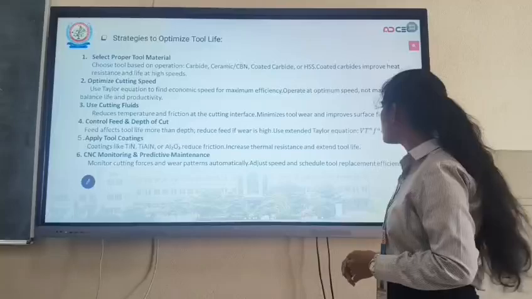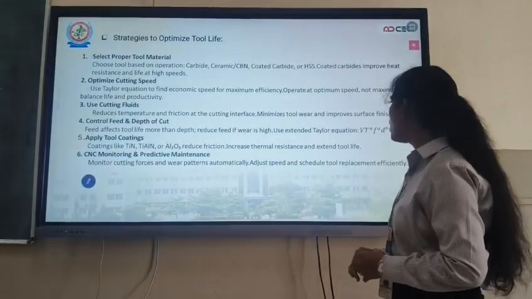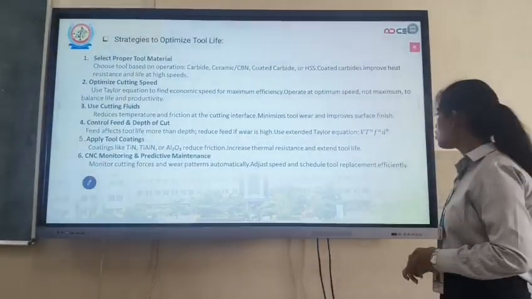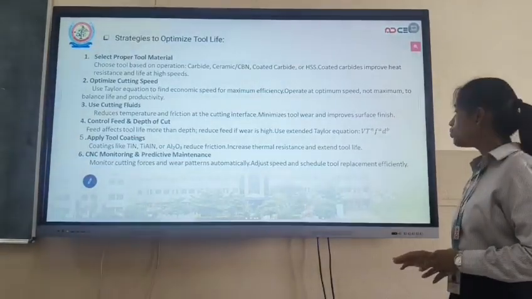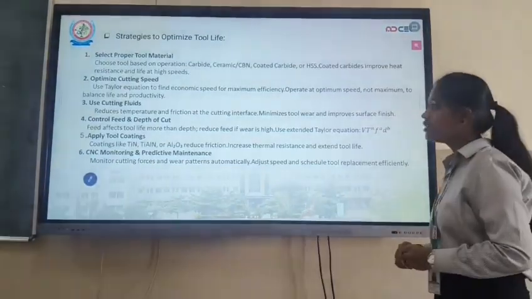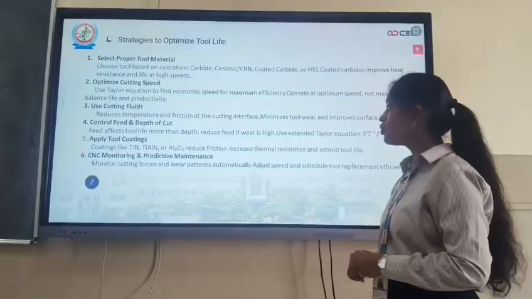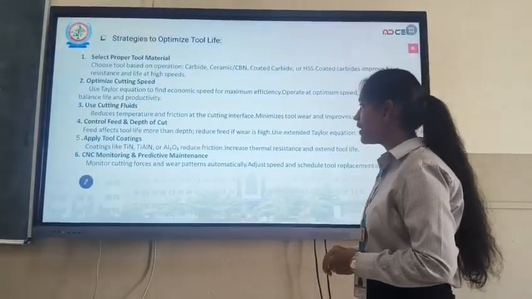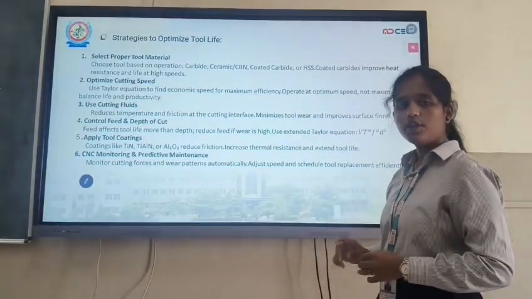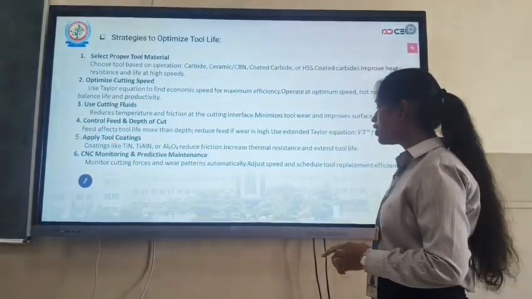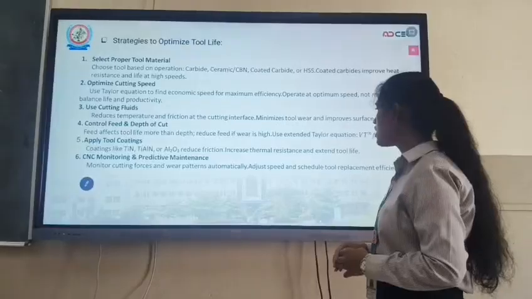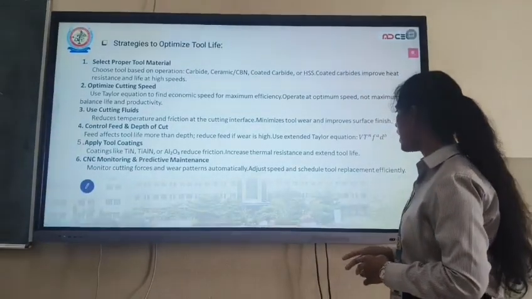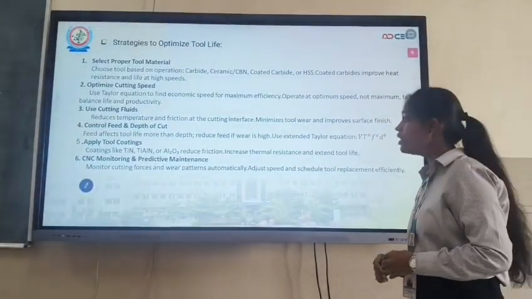Use the extended Taylor's equation: VT^n F^a D^b = C. Fifth point is apply tool coating, such as TiN or aluminum oxide, which reduces friction, increases thermal resistance, and extends tool life.